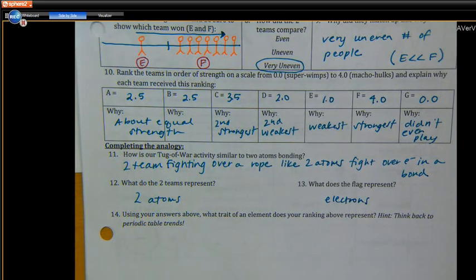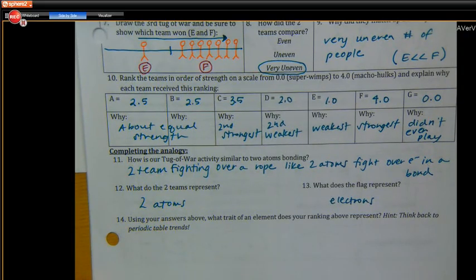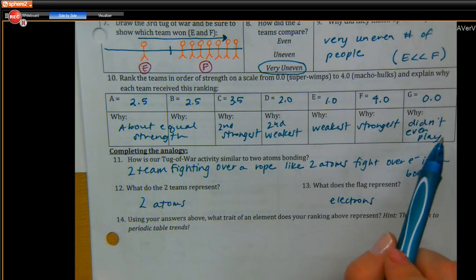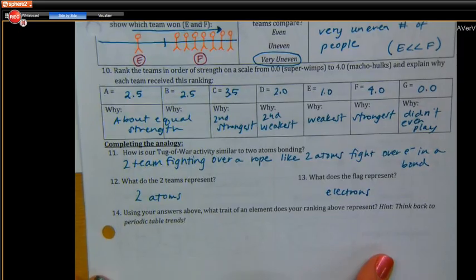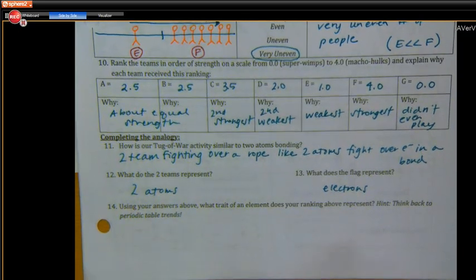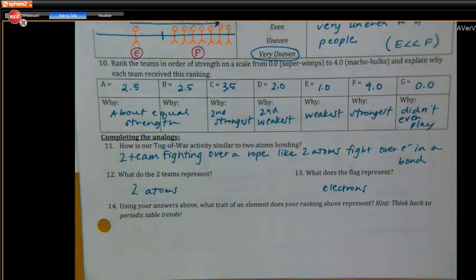The periodic table trend that represents atoms fighting over electrons in a bond is electronegativity. Because electronegativity is the ability to attract electrons within a bond. And so that's kind of what we are fighting over. Okay? All right.